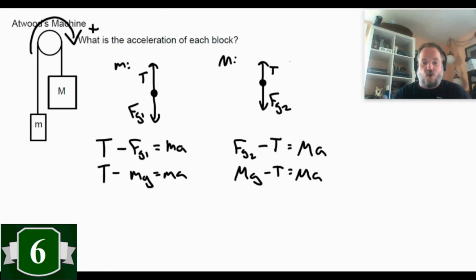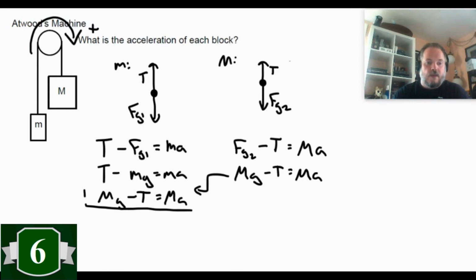I can just take this whole equation and put it over here, and I'm going to add these two equations together. The tension plus negative tension cancels out, and then we get big Mg minus little mg equals little ma plus big MA.